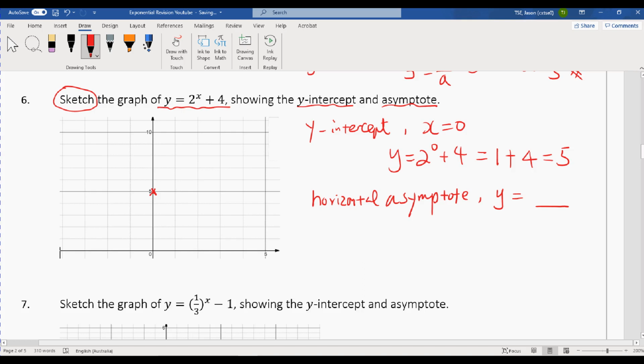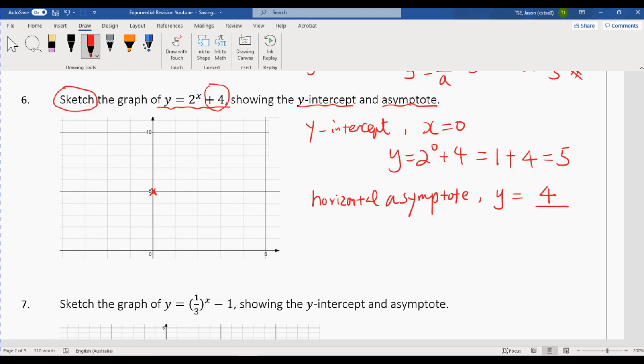In the previous video, we've shown that when you have that plus 4, that means you raise the basic exponential graph from the x-axis upwards by 4 units. So the horizontal asymptote should be plus 4, right? So you just write y equals 4, which is horizontal asymptote.